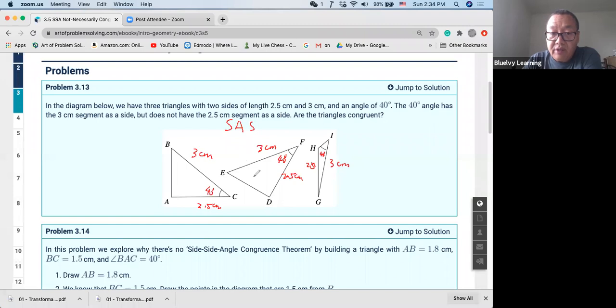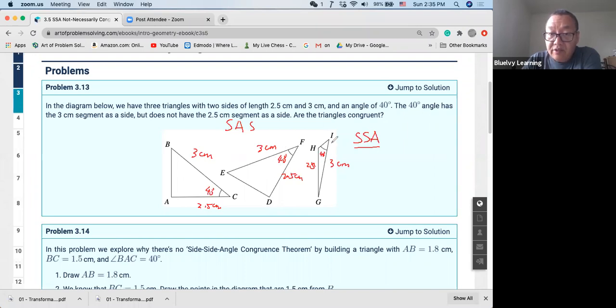But compare these 2 with the third one. This one is 40 degrees. This side is 3 centimeters. But this side, HI, is not 2.5. This side is 2.5 centimeter. That means from here we have these sides and angle.